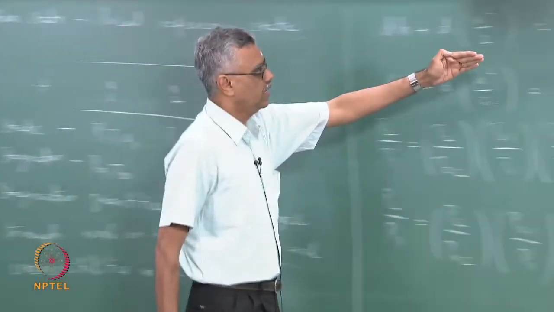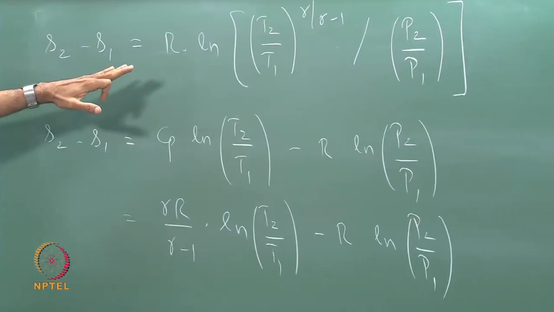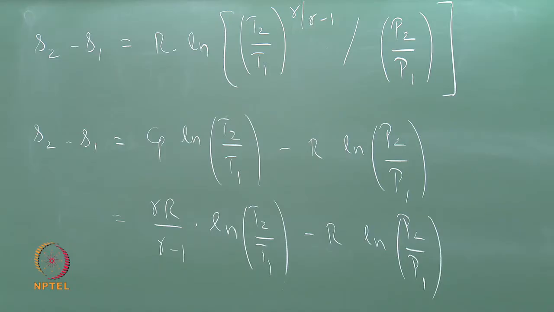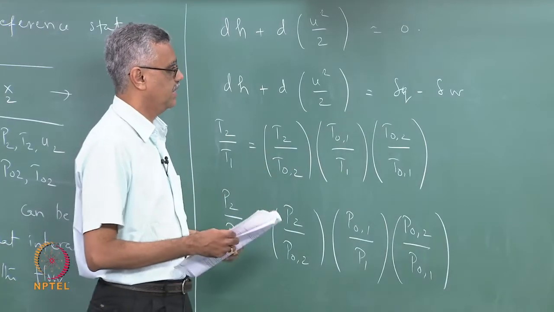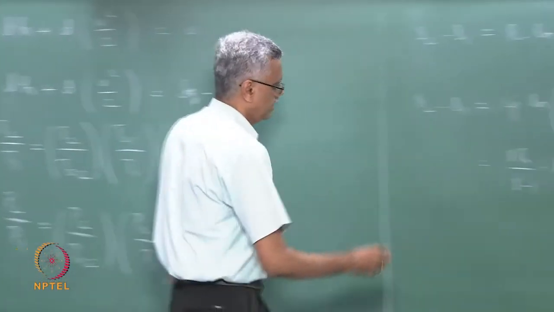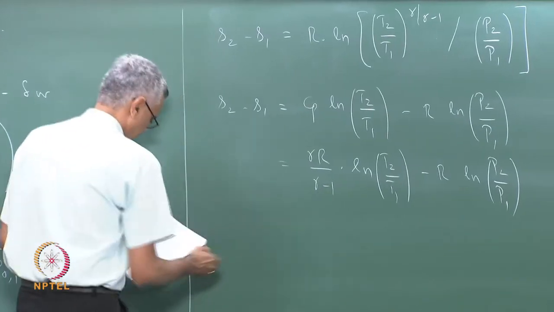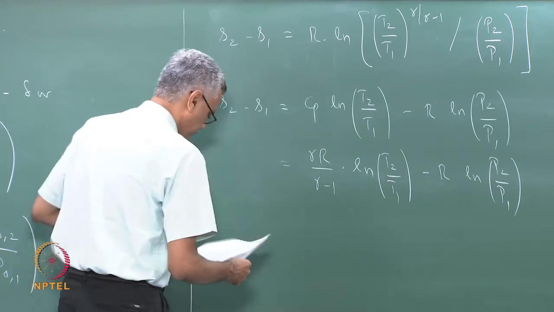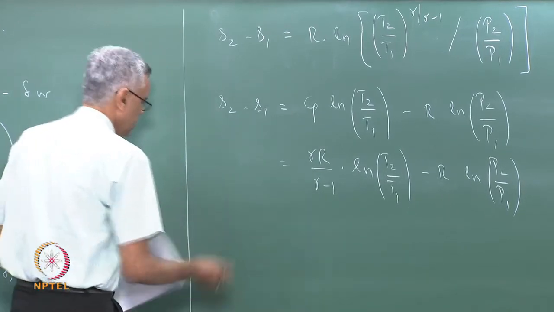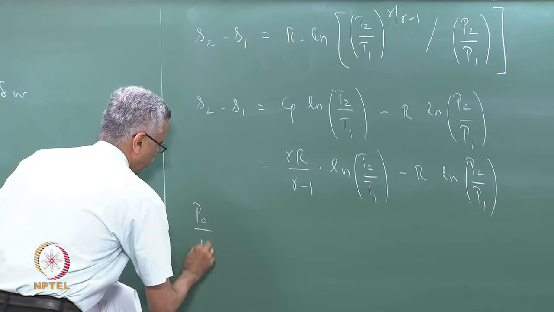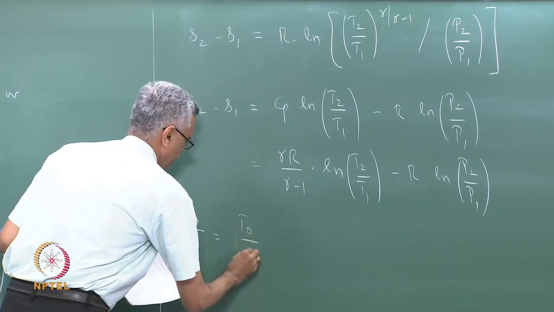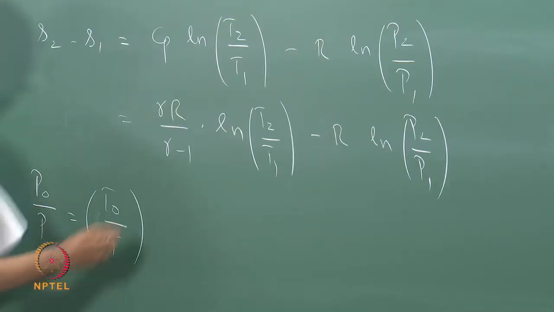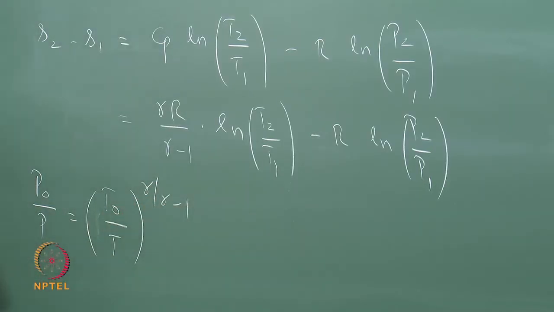So now I have this relationship, and I can substitute for T2 over T1 and P2 over P1 from here, right. And I also recognize the fact, remember we had already written down the following equations, right. We had written down the fact that P0 over P is equal to T0 over T to the power gamma over gamma minus 1.